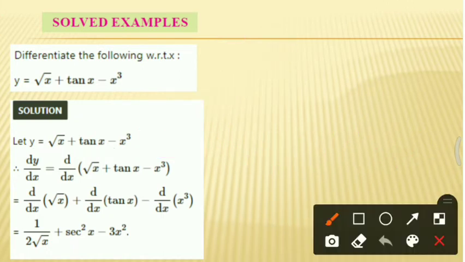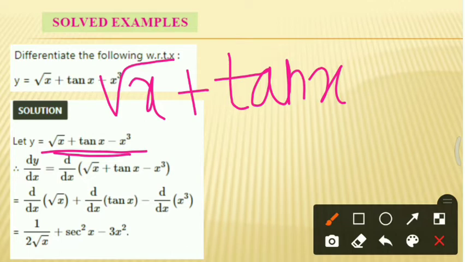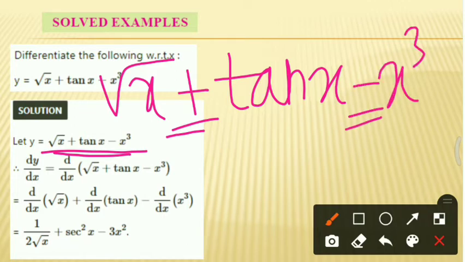dy by dx is equal to, now differentiate these functions one by one. Here root x plus tan x, so use the rule for differentiation for addition, and after tan x there is a minus symbol, so here we will use derivative of subtraction.